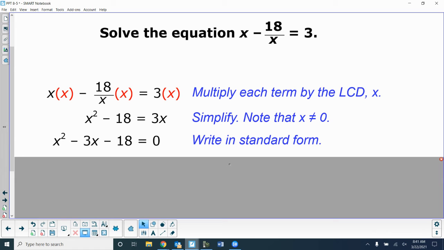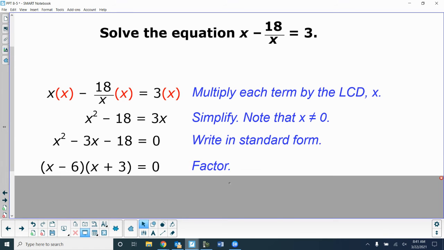Negative 6 and 3. Yeah, it's that easy, Kennedy. Negative 6 times 3. Okay? So now what do we do? Andrew? Yeah, you do. Yeah, just set them both equal to 0. Thank you, Cole.